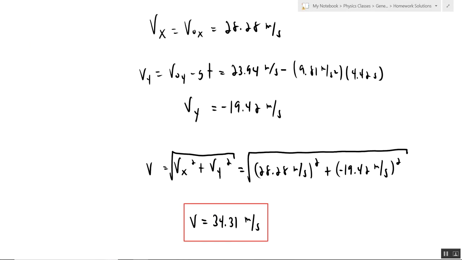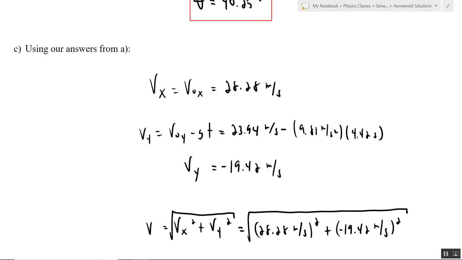So part C was what is the velocity at the ball. The x component of the velocity doesn't change, right? So whatever we found from part A, it's the same thing. For the velocity in the y direction, it changes, right, because of gravity.